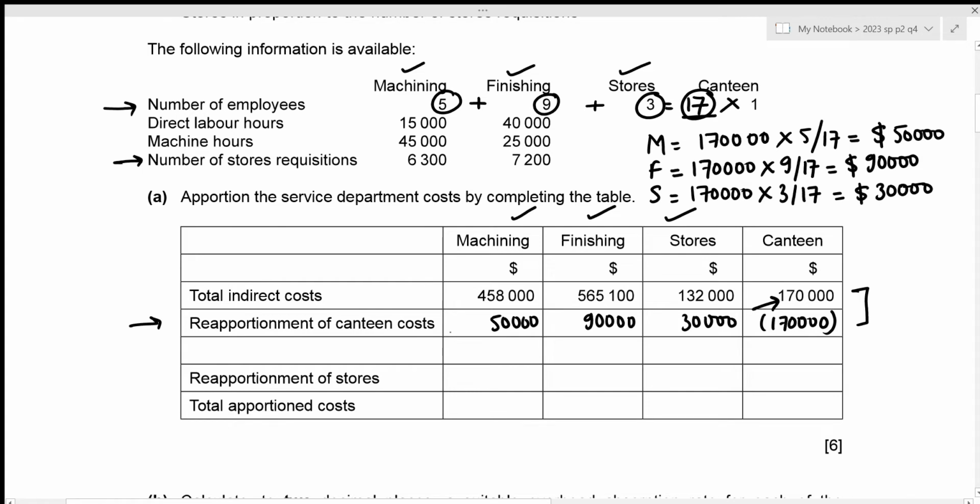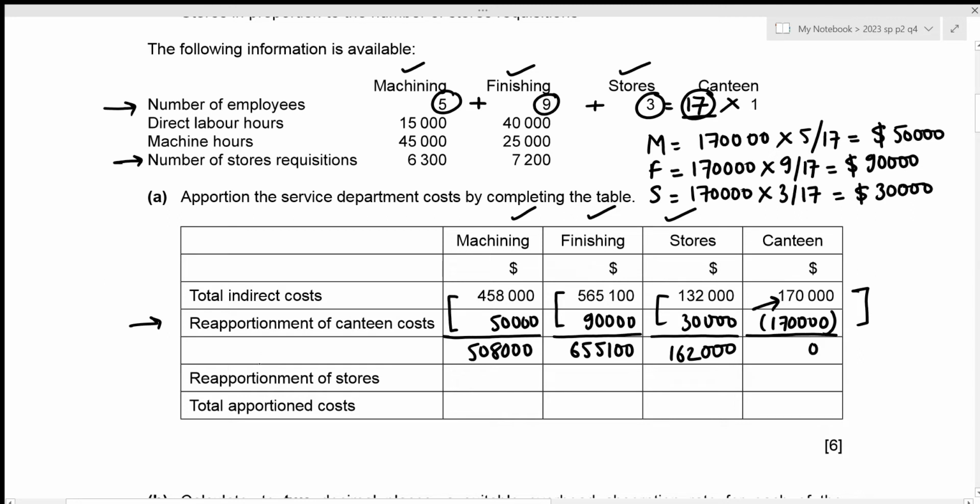For machining, that's going to be 458,000 plus 50,000, which results in 508,000. For finishing, that's going to be 565,100 plus 90,000, which results in 655,100. For stores, that's going to be 132,000 plus 30,000, which results in 162,000. And for canteen, that's 170,000 minus 170,000, which results in 0.